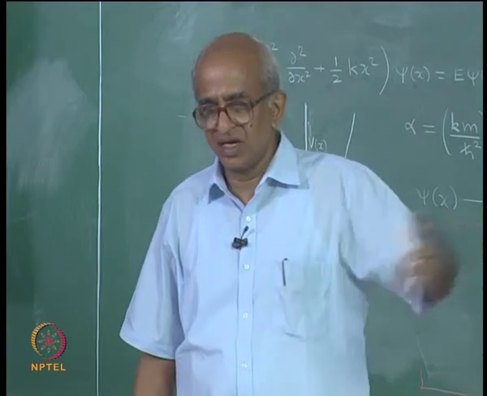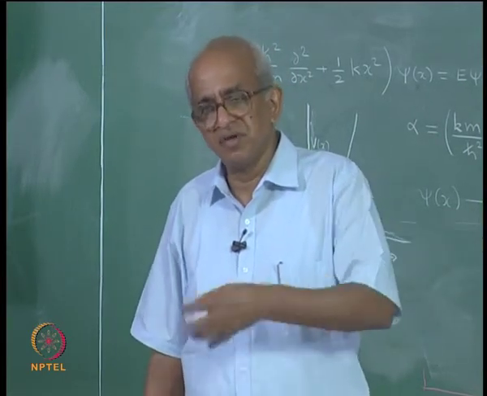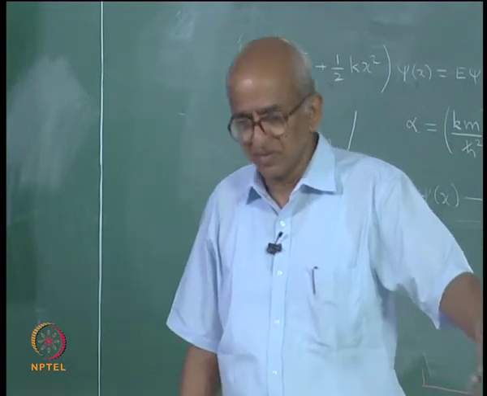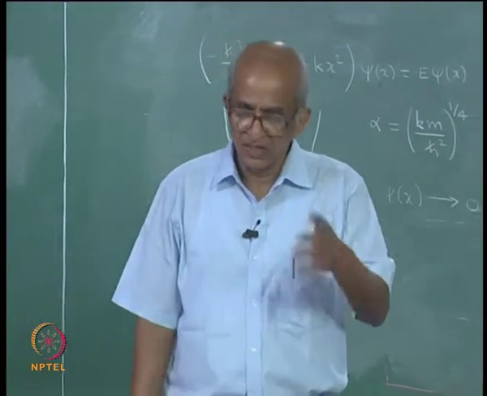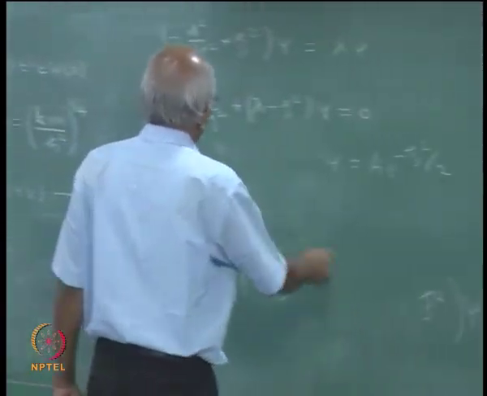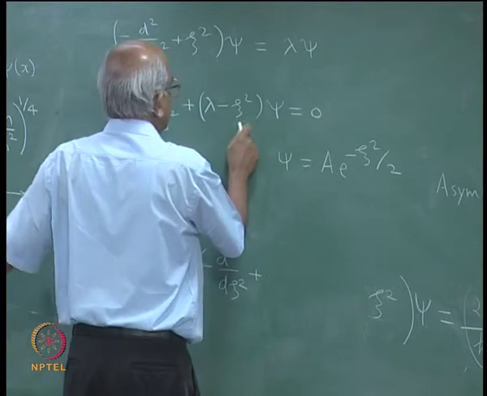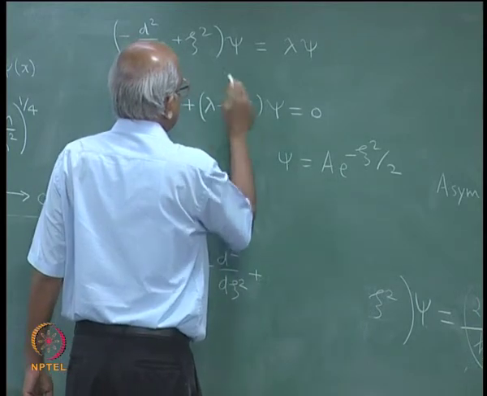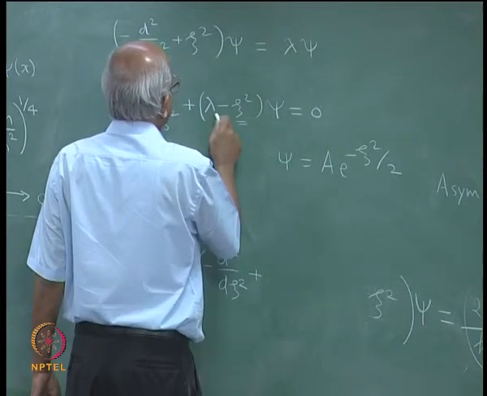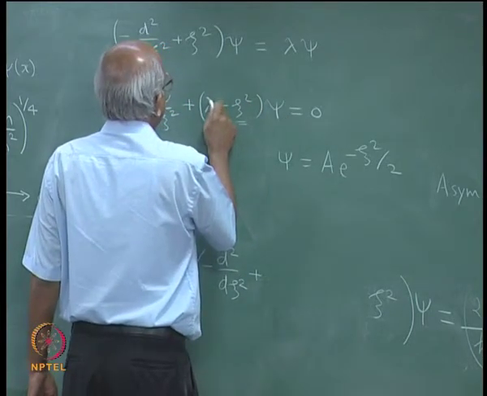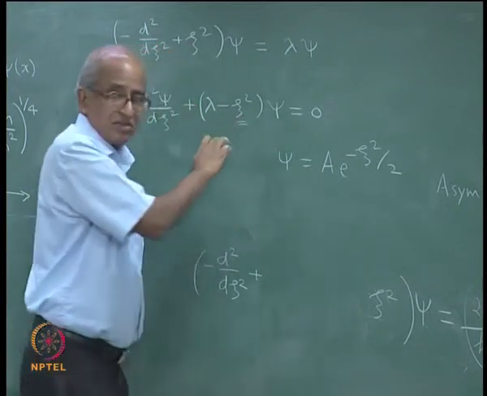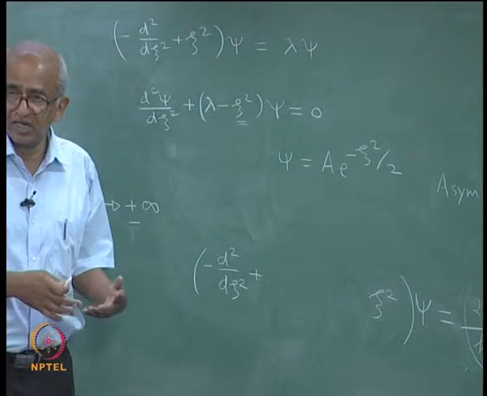Suppose c is very large, that means you are far away from c equal to 0, in fact c is much larger than 1 and so on. So, if you are very far away from the origin, c will be very large, and in such a region you have c square here, you do not have to worry about this lambda in comparison with that c square, because c square is very large.